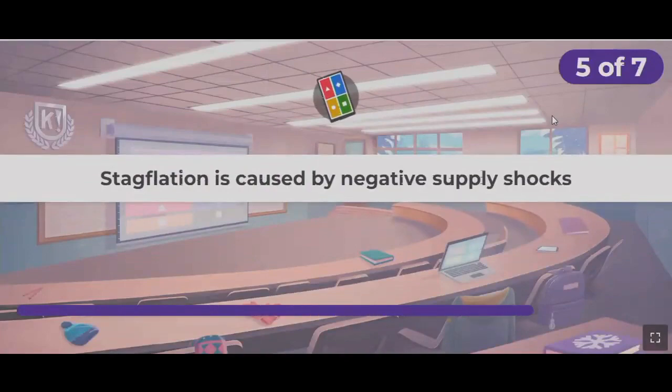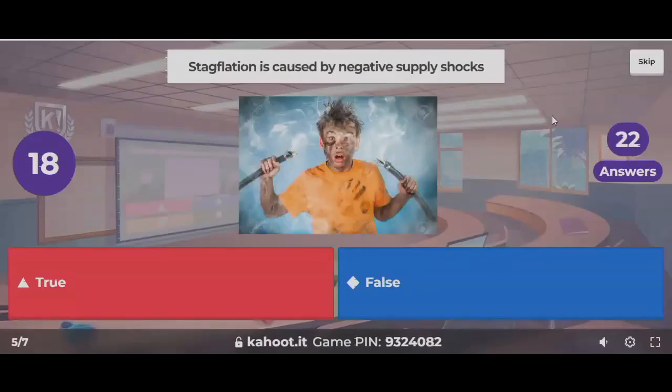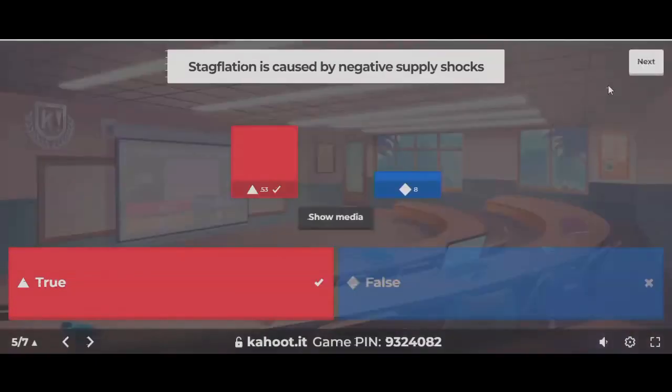Stagflation is caused by negative supply shocks. True or false? Of course, the answer is true.